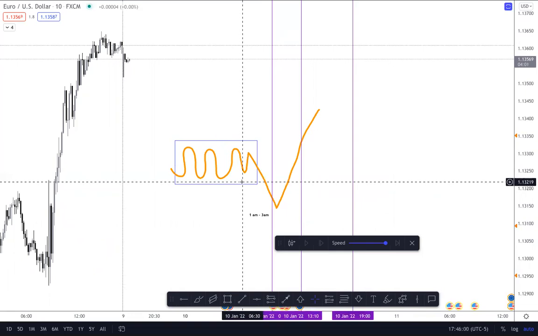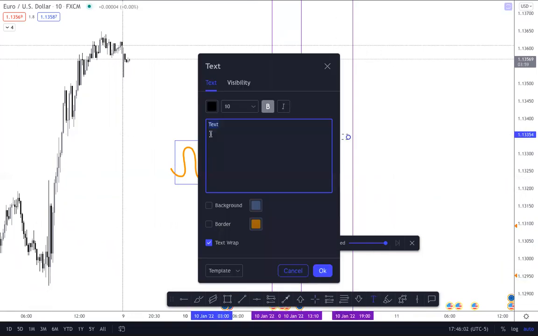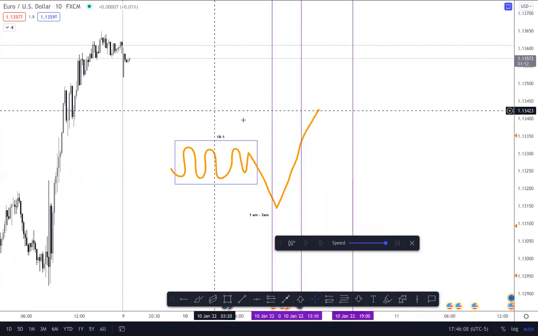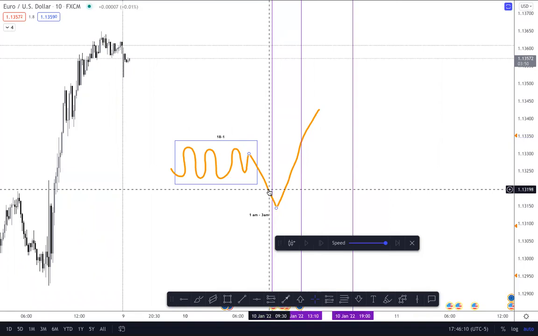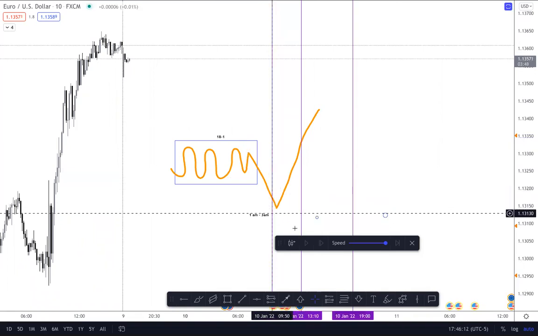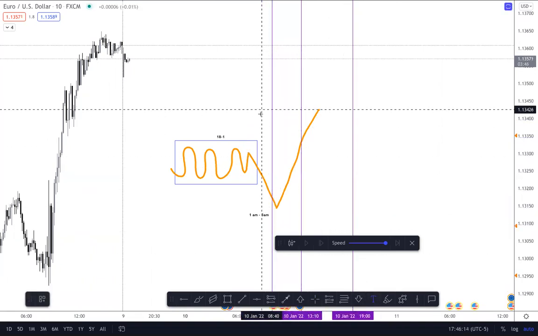However, we're going to have our Asian box 18 to 1. We know as soon as Frankfurt sweeps lows, and London's still moving down, you know that London's going to continue.